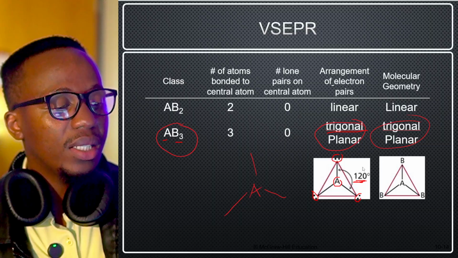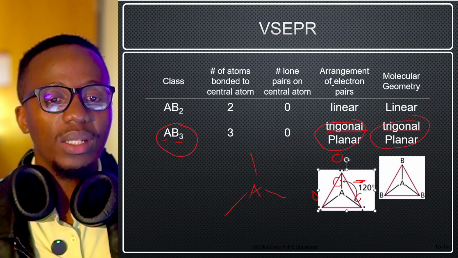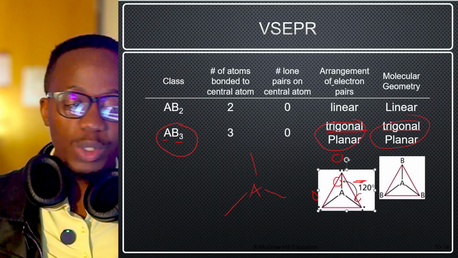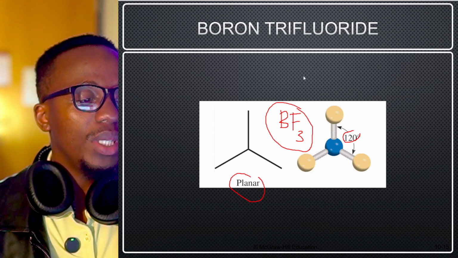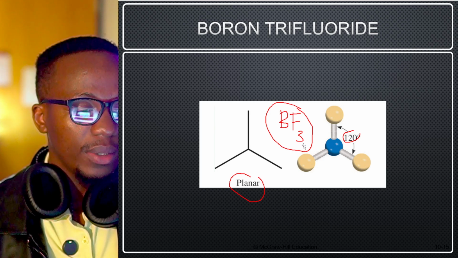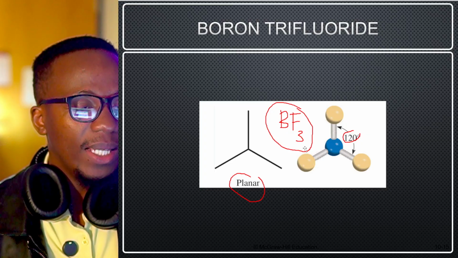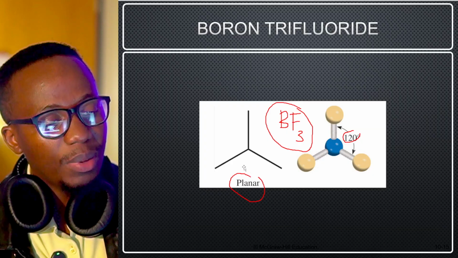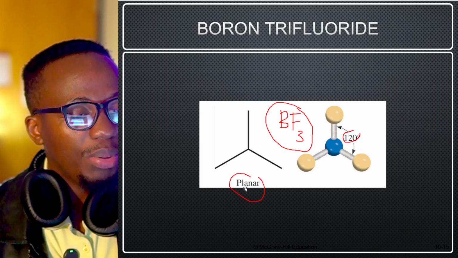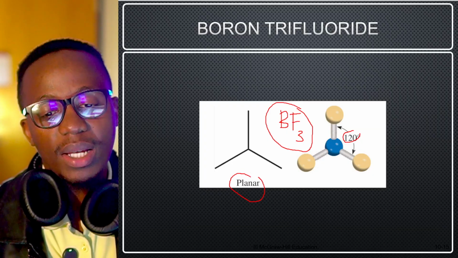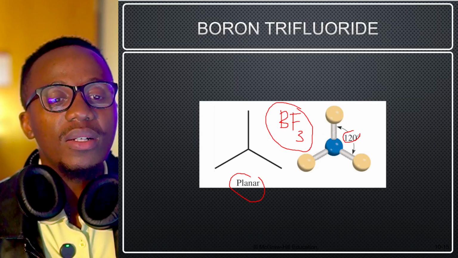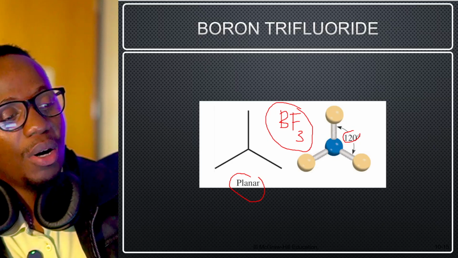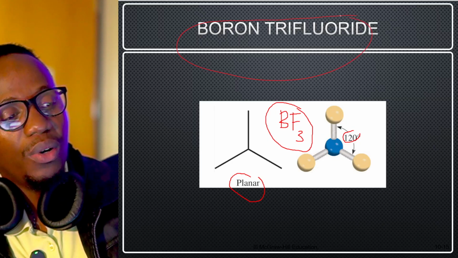Each one is 120. They spread nicely so that each angle is 120. An example is BF3. So this is trigonal planar. It's planar because it's flat, on one plane. Trigonal because it's like a triangle. And an example is boron trifluoride.